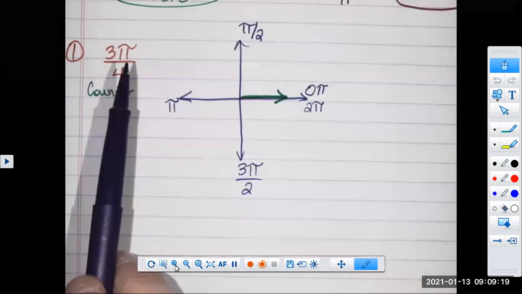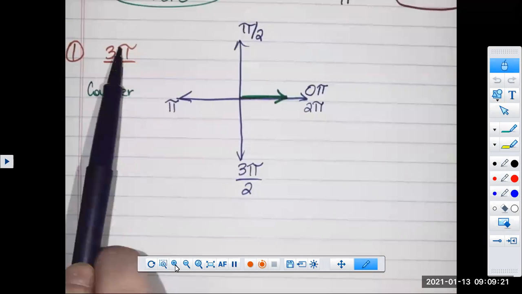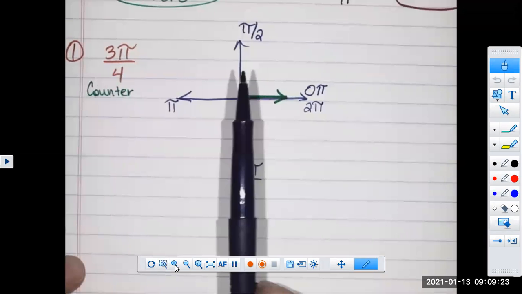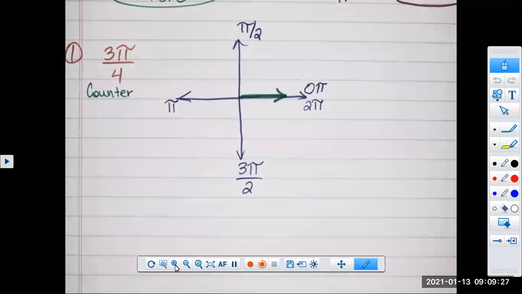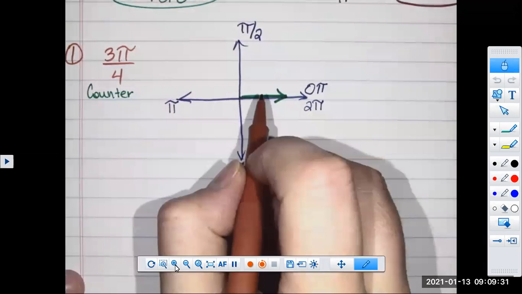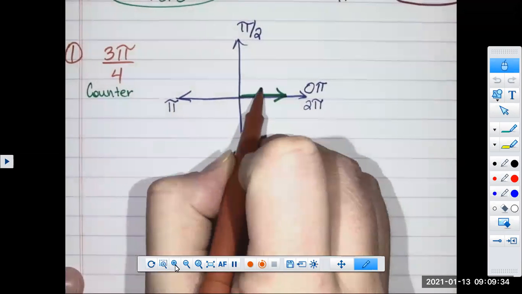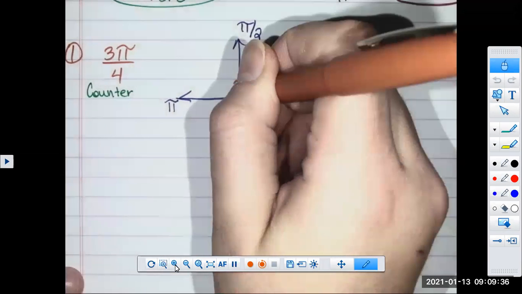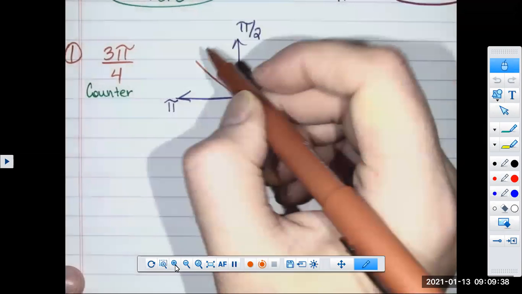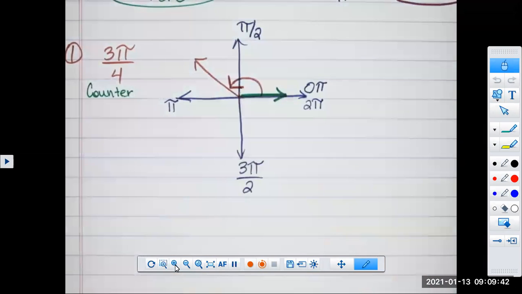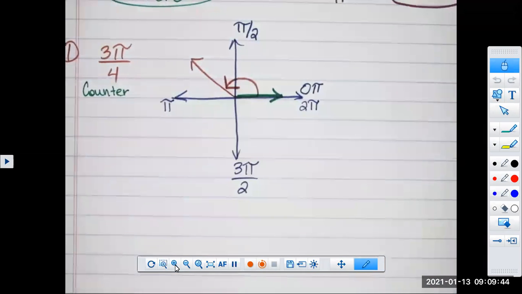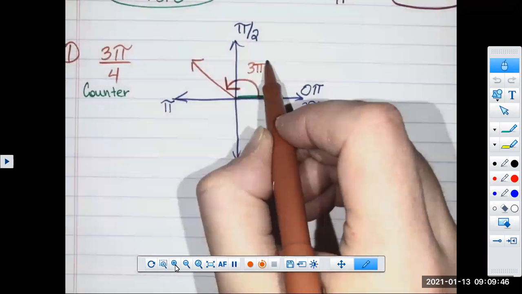Okay, so roughly, where do you think 3/4 pi would be? If this is 1/2 and this is 1 pi, then 3/4 must be where? Good, it's gotta be right in the middle. So I've started this initial side, I'm gonna rotate and draw that terminal side there, and that will be 3 pi over 4.